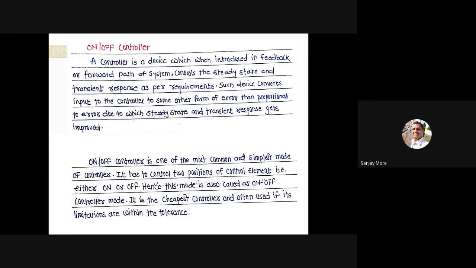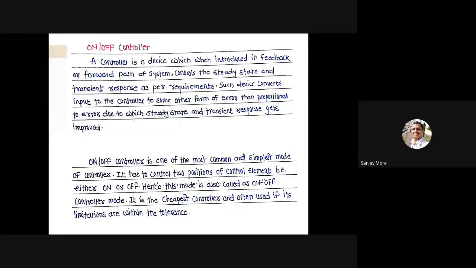Then first point, on off controller. Give the heading on off controller. Okay. This is the common and simplest form of controller. It has to control only two positions of the control element, that is either on or off.